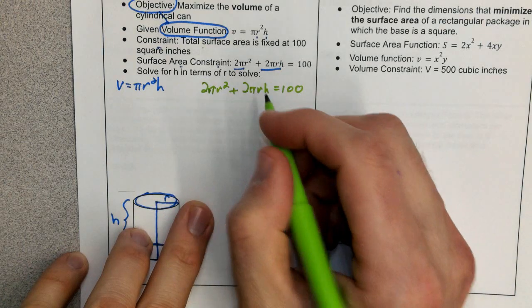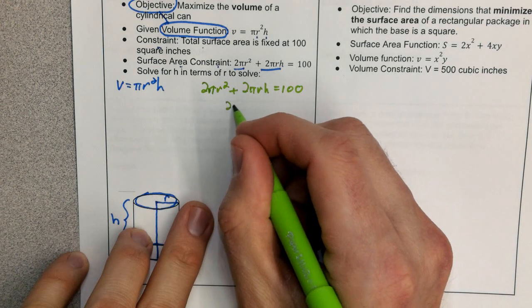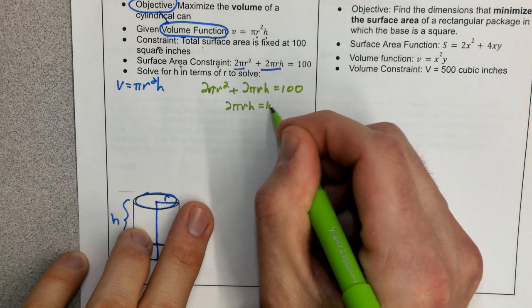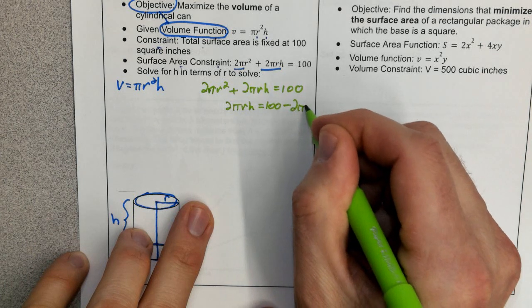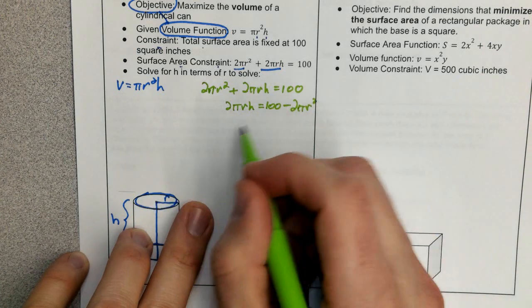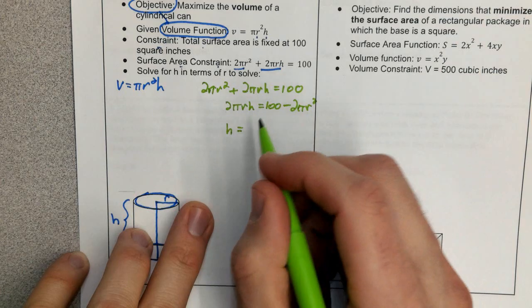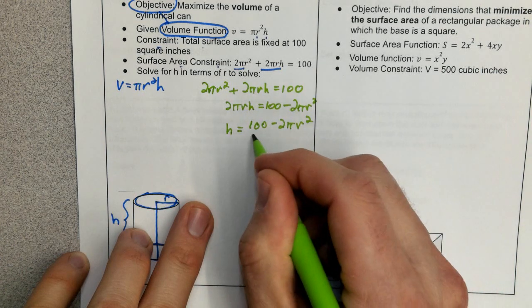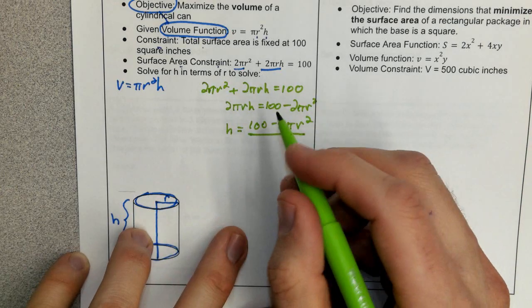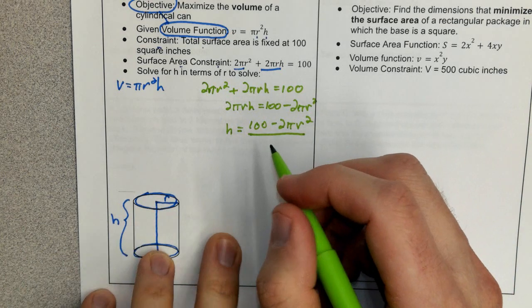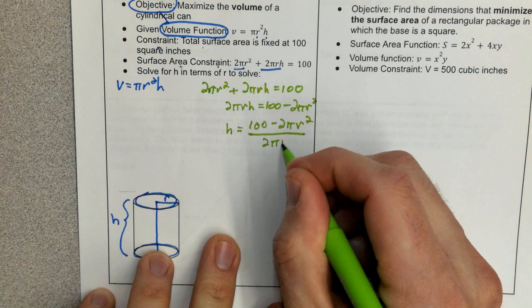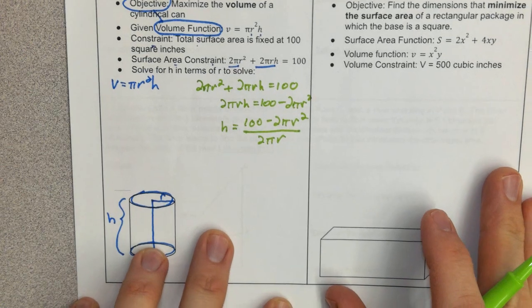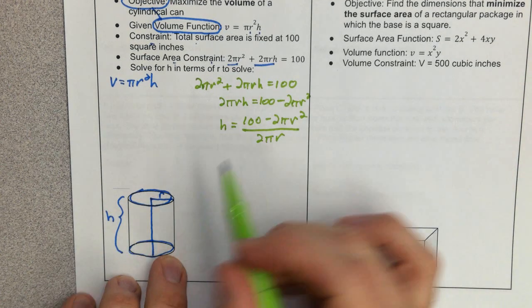So I'm going to subtract 2 pi r squared. I'll get 2 pi rh equals 100 minus 2 pi r squared. Then I'm going to divide by 2 pi r, so I get h is equal to (100 minus 2 pi r squared) divided by 2 pi r. And you could simplify this if you want to, but you don't have to yet.